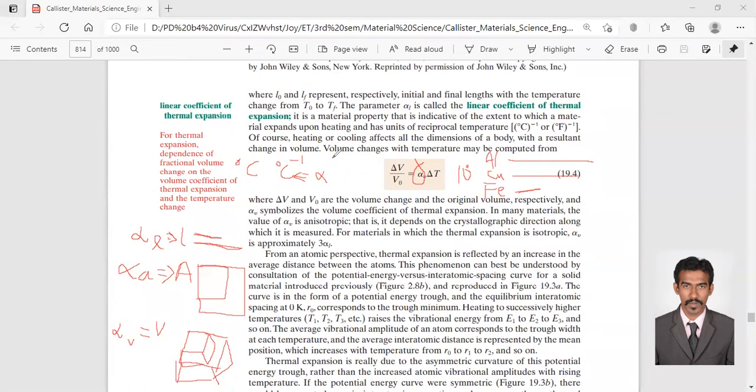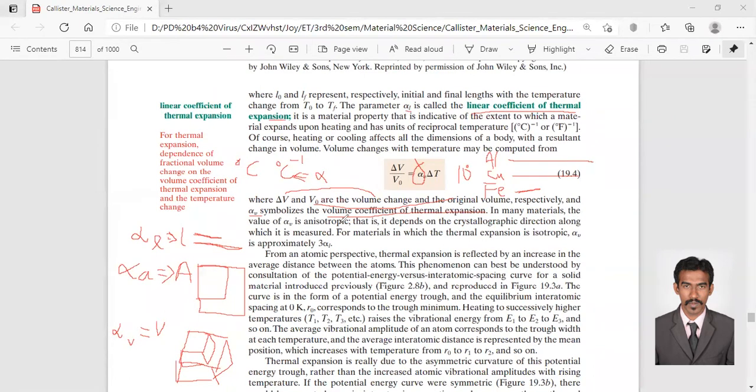So you can compute the value of either delta L or delta A or delta V by putting in this formula, where delta V and V naught are the volume change and the original volume respectively, and alpha V symbolizes the volume coefficient of thermal expansion. What you see here is alpha L, that is the linear coefficient of thermal expansion, right?